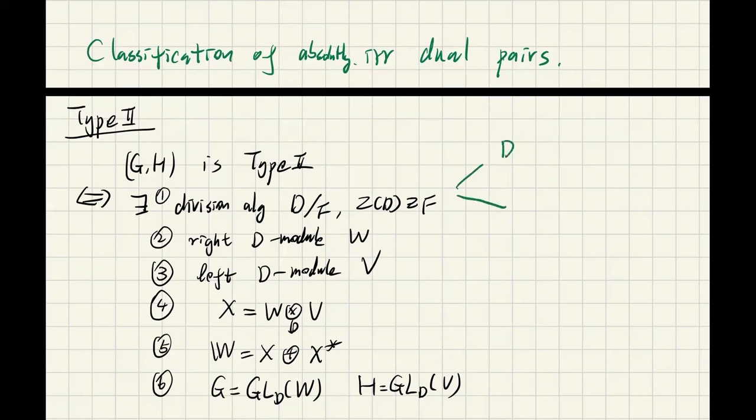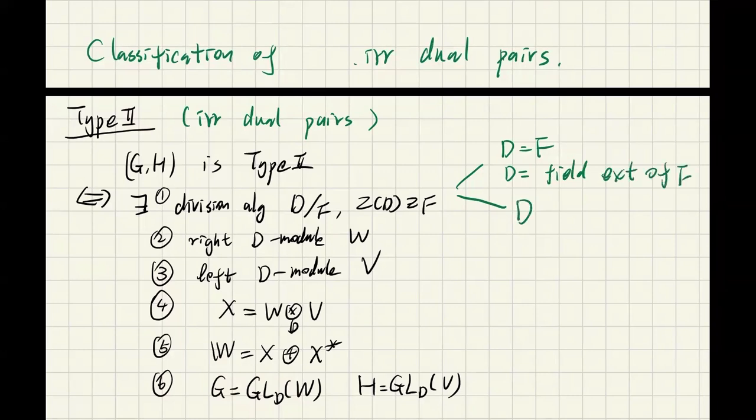The simplest case is D equal to F, or D is a field extension of F, or D is a skew field over F, which means that it's not commutative.